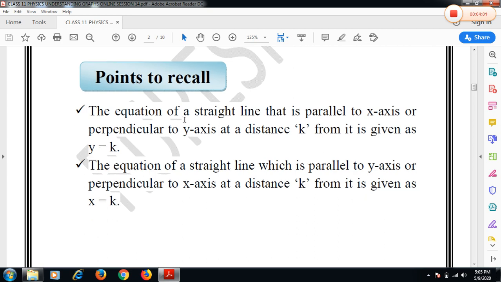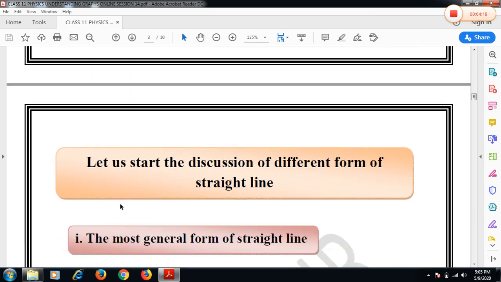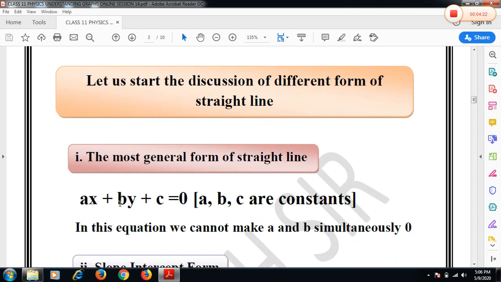So the first case, parallel to the x-axis, is given by y equals k, and parallel to the y-axis is given by x equals k. You know that, right?